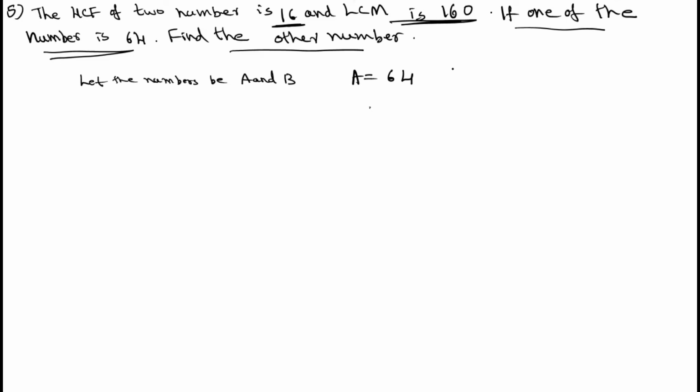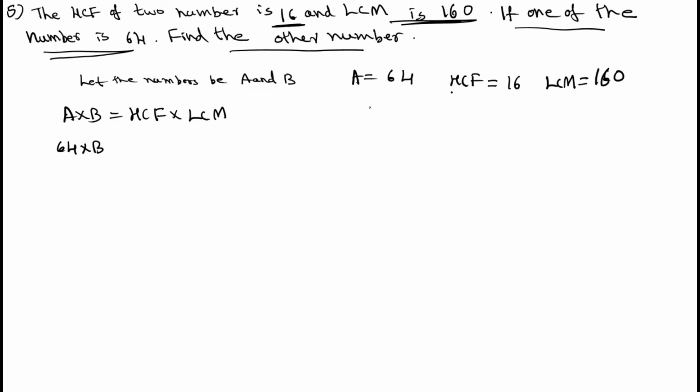Then HCF is given. HCF is equal to 16. And LCM of the numbers, LCM is equal to 160, is given. First write the formula. A into B, product of two numbers, is equal to product of their HCF into their LCM. A into B: A is 64 into B, the value that you need to find, another number, right? So here I will put B is equal to question mark is equal to, what is HCF?